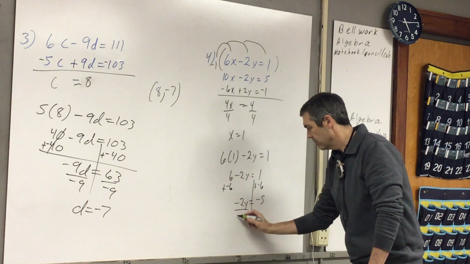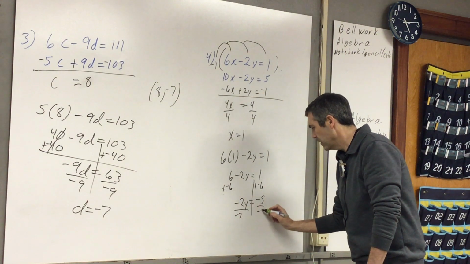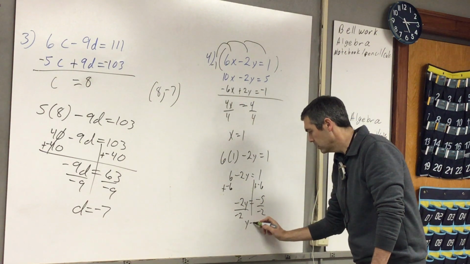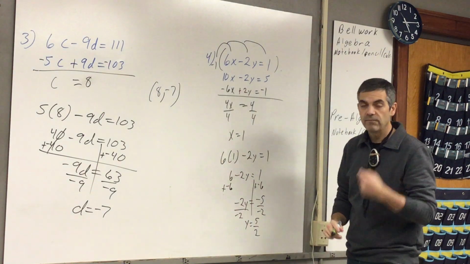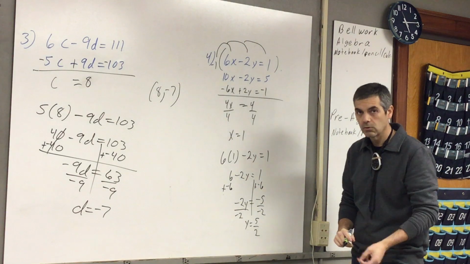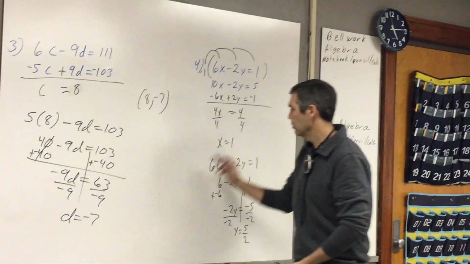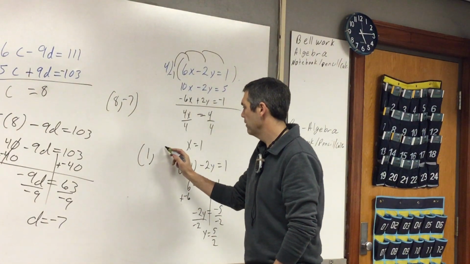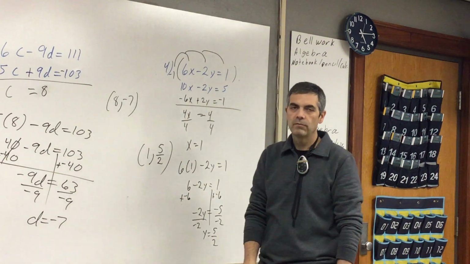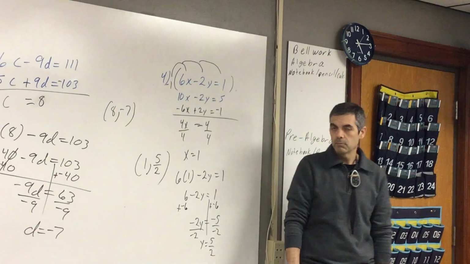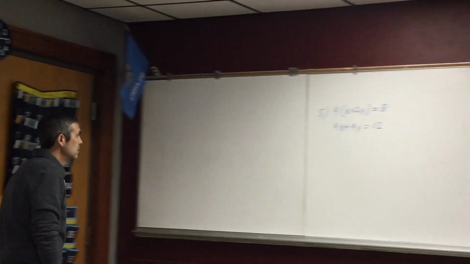Divide by negative 2, divided by negative 2, y equals 5/2. It's fine to have a fraction. You're going to have that. So the ordered pair here, 1 comma 5/2. And I just leave it in improper form. It's fine.